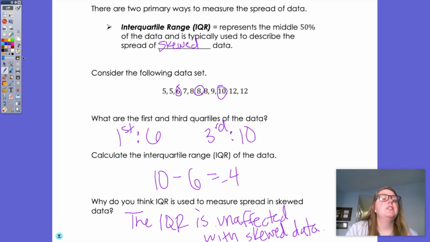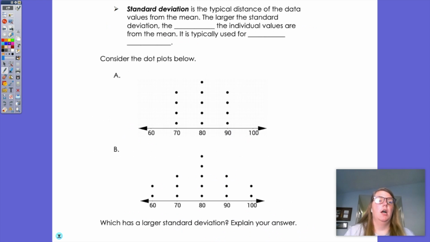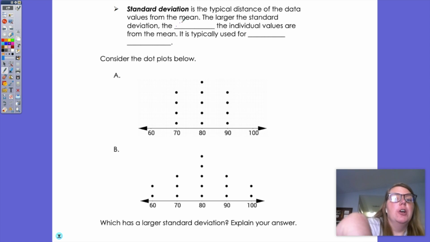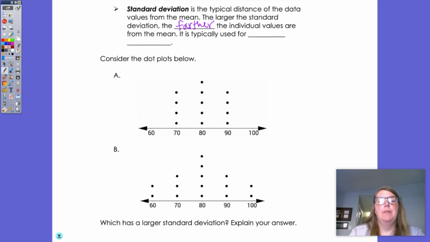All right, good. So let's look at the other way that we're going to talk about spread. This is standard deviation. Standard deviation is a type of statistical analysis, and it's talking about how far values are from the mean. The larger the standard deviation, the farther all of the numbers are from the mean.